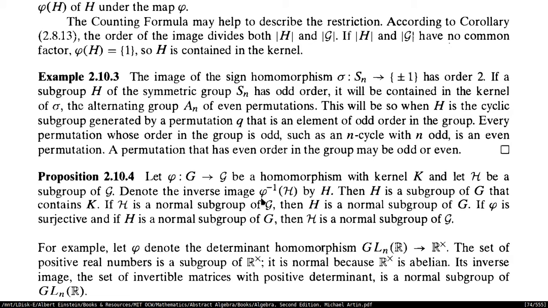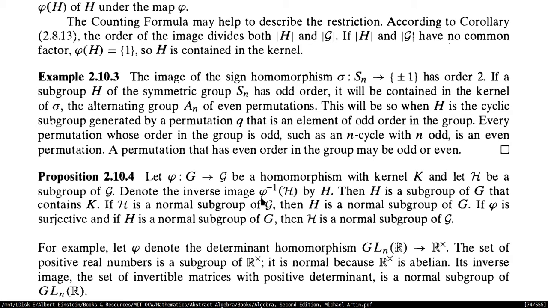So this H is the cyclic subgroup which is generated by a permutation. So q is a permutation in S_n, and it has an odd order in the group, right? So every permutation whose order in the group is odd, such as an n-cycle with n odd, is an even permutation, and that makes sense.